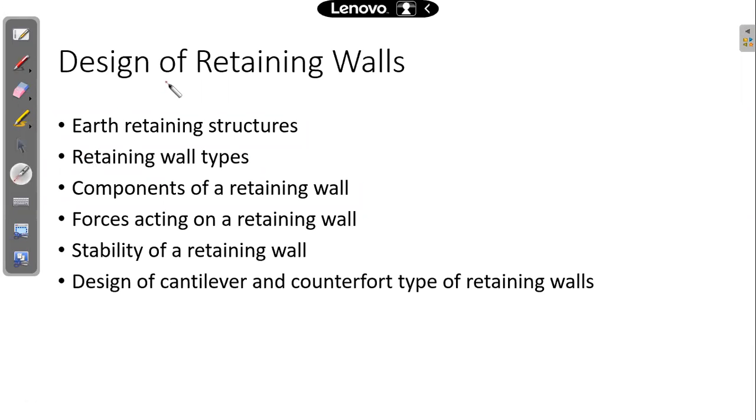In case of earth retaining structures, retaining walls are the examples. And these retaining walls, we normally use them for maintaining the surfaces of the ground at two different elevations. It may be in case of roads, embankments for dams or any other structure, and in case of basements of buildings.